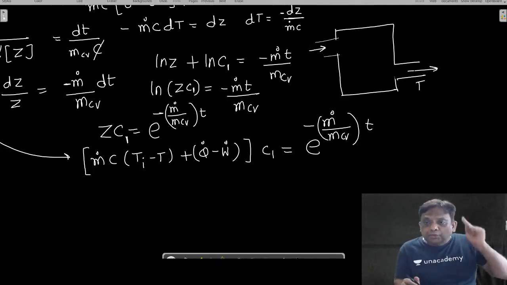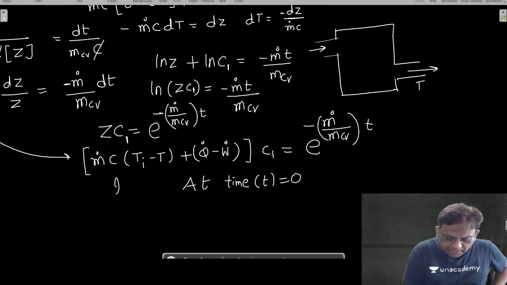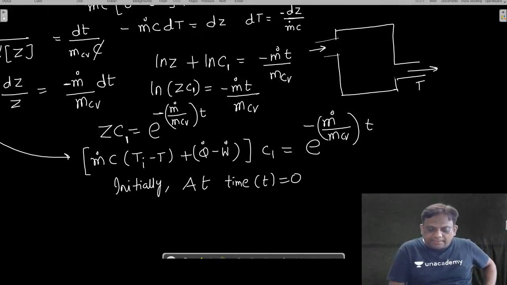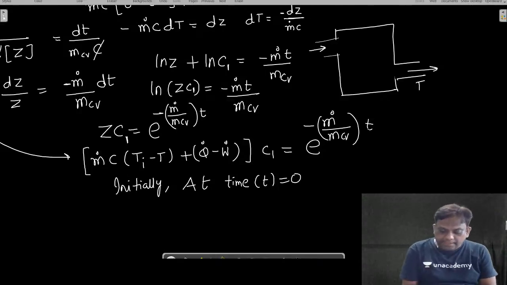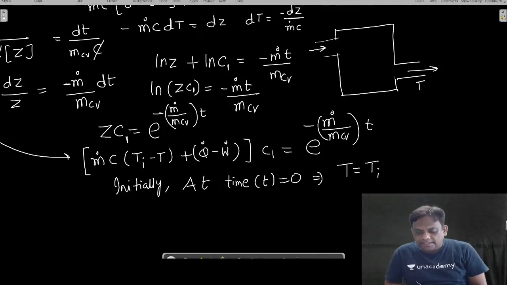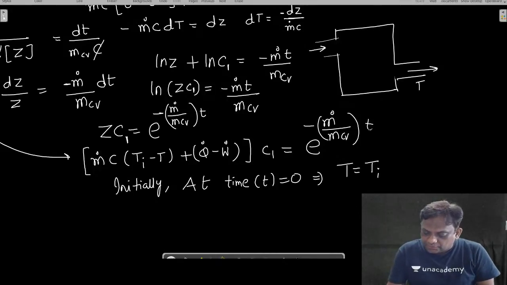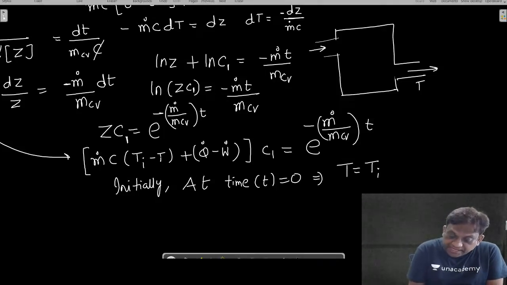If this is 45, this is 45, so can I say that at time t is equal to 0, T is equal to Ti. I will write T is equal to Ti. No problem at all.